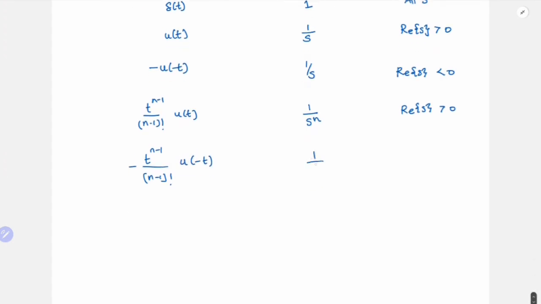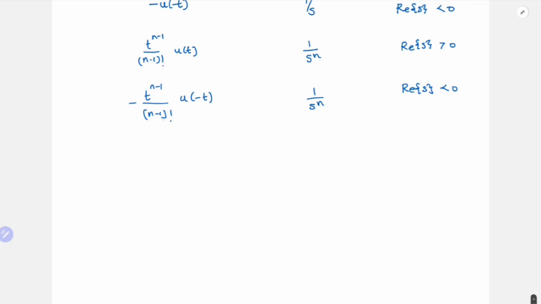This also has the same Laplace transform, but its region of convergence is different. We can also see this with e power minus at u of t. This was 1 by S plus a, real of S greater than minus a. And minus e power minus at u of minus t was 1 by S plus a, real of S less than minus a.